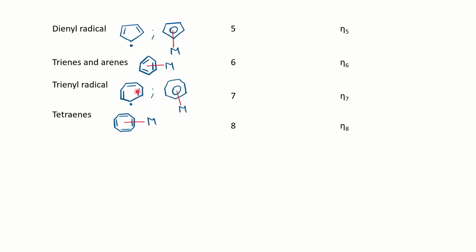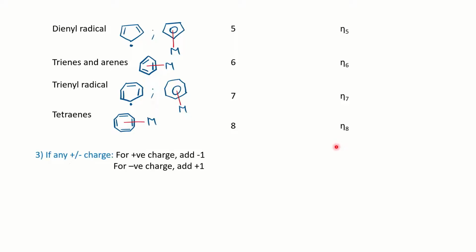For the cycloheptatrienyl radical, a total of 7 electrons are there and the metal is attached from the center, so all 7 electrons are donated to the metal, and eta 7 is its respective hapticity. Tetraenes have 8 electrons and the metal is bonded from the center, so all 8 pi electrons are donated to the metal, and its respective hapticity is eta 8.